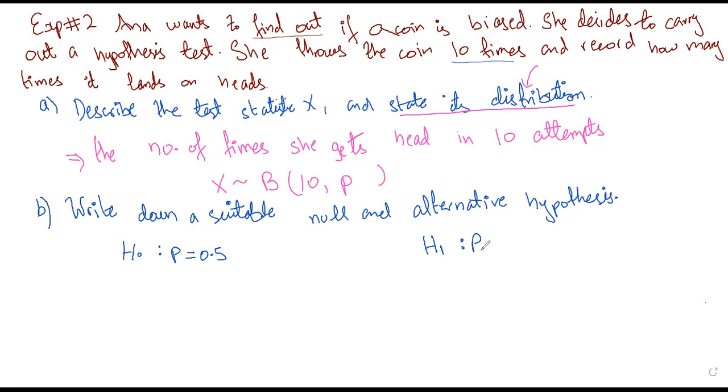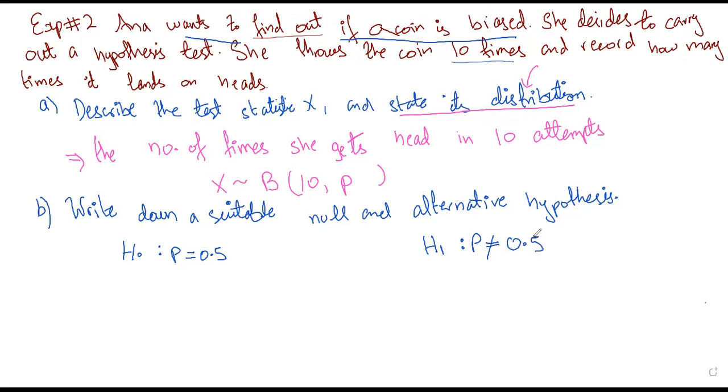But the alternative is going to be, now this might be a bit challenging, because the question just says that Anna wants to find out if a coin is biased or not. She is not saying that it is biased or unbiased. She wants to find out. So the only thing we can interpret from the statement is that this is not equal to 0.5.